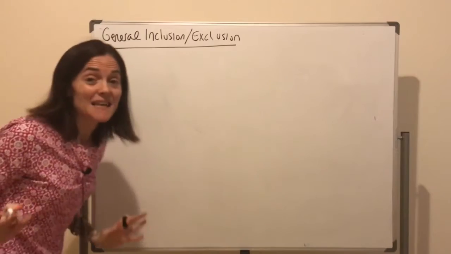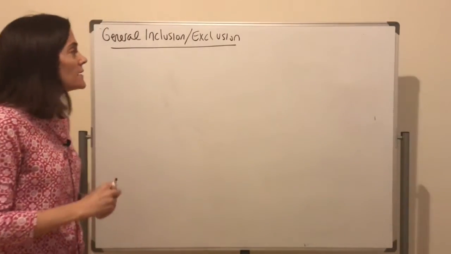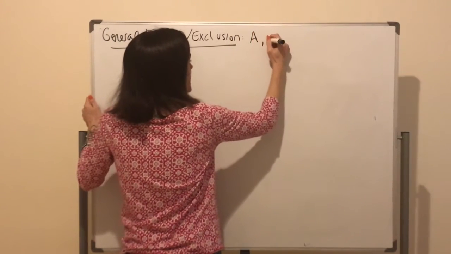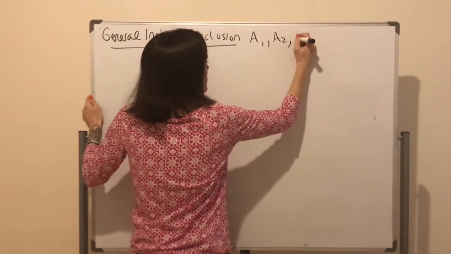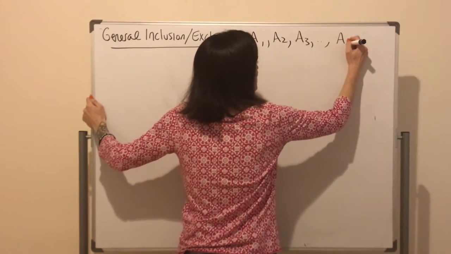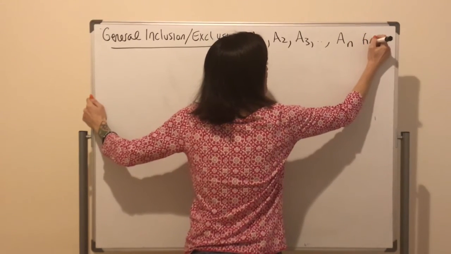Well, this says something about the cardinality of a union of, let's say, I'll say it in terms of A1, A2, A3 out to maybe N, if these are finite sets.